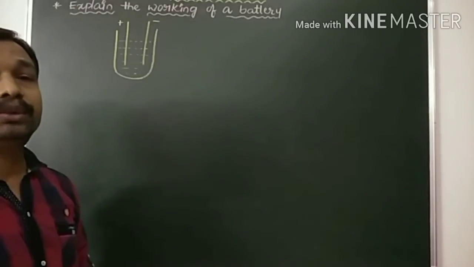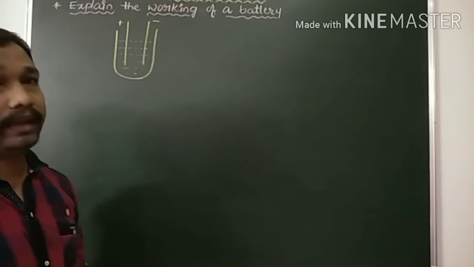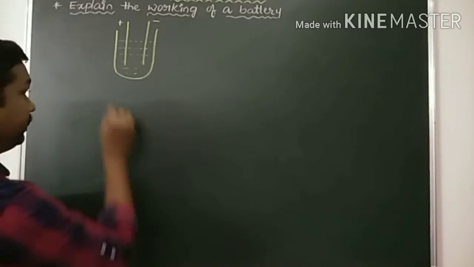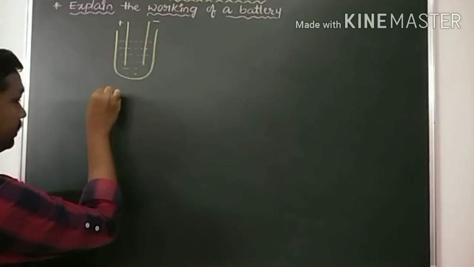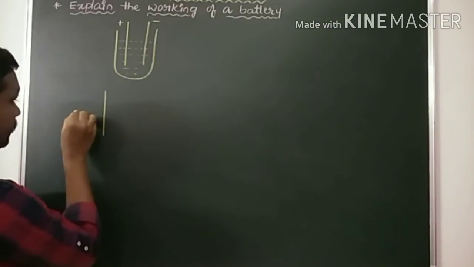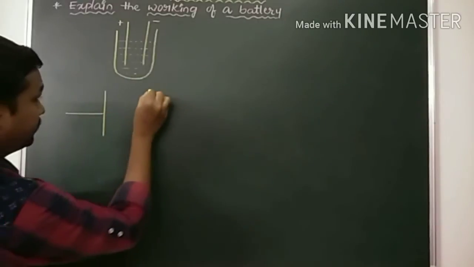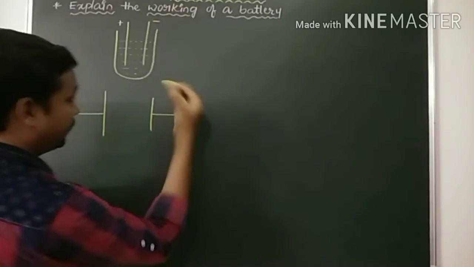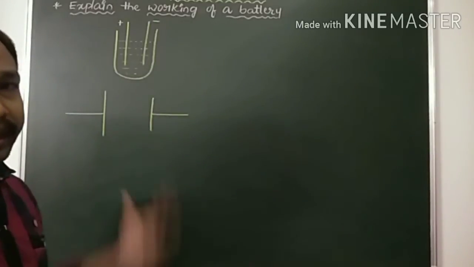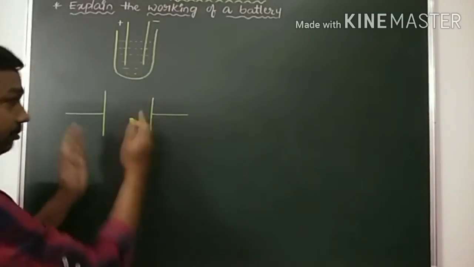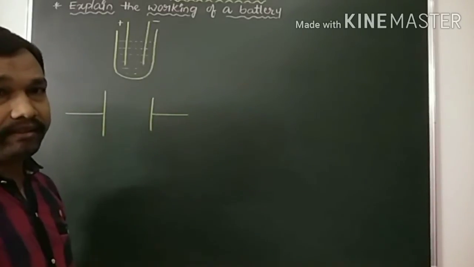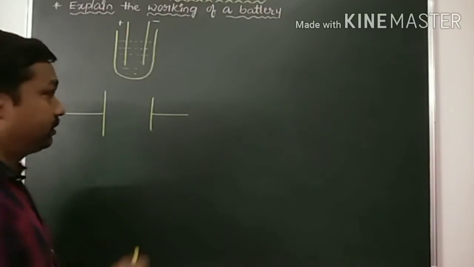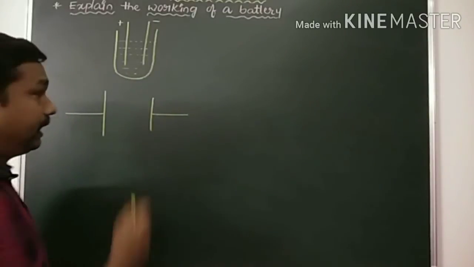There we get positive ions and also negative ions. Here I'll take any one of the liquids in it. There we have a positive terminal. This time I am considering one more terminal like this. I am considering the battery symbol. In between the battery there we have electrolyte solution and its components, positive ions and also negative ions.